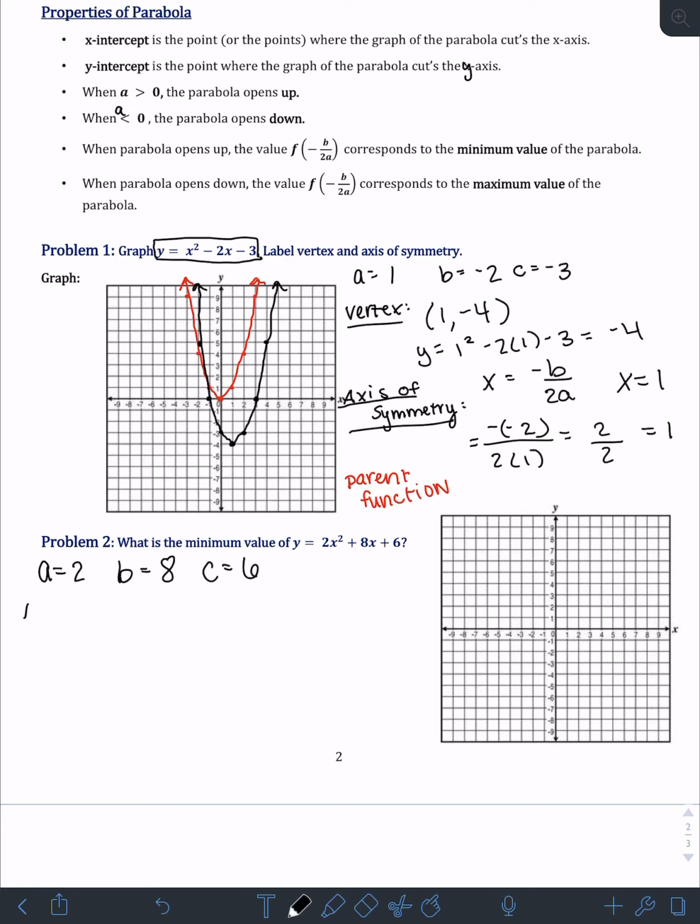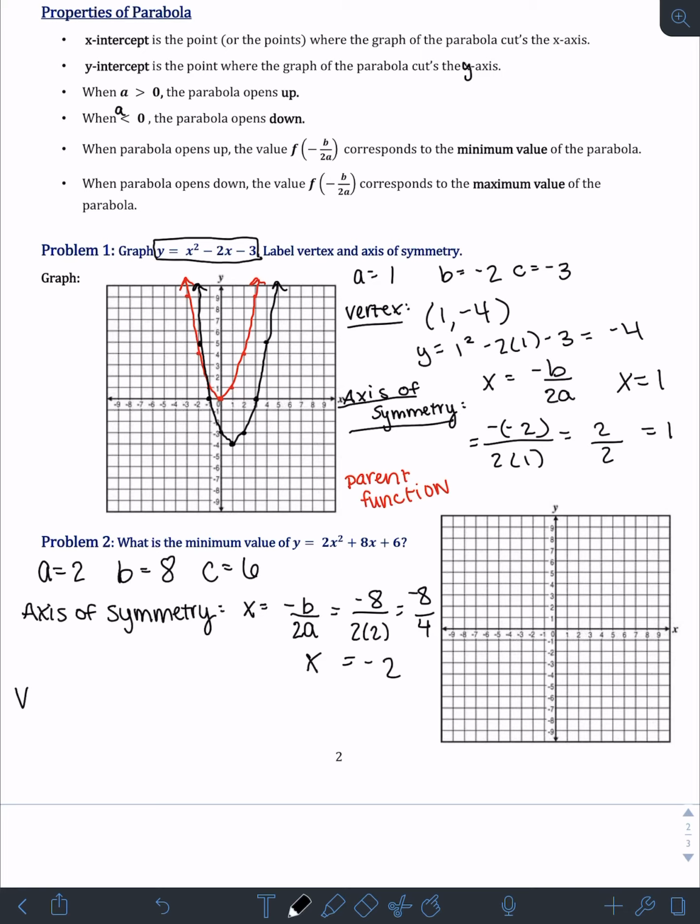We want to find our axis of symmetry, which is x equals negative b over 2a, which is equal to negative 8 divided by 2 times 2. That is negative 8 over 4, which is negative 2. So x equals negative 2.